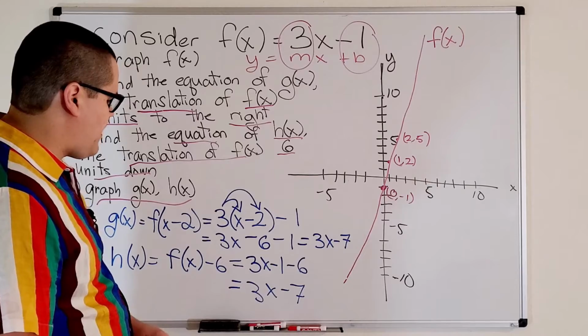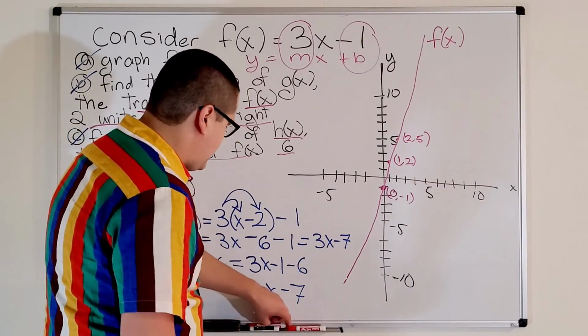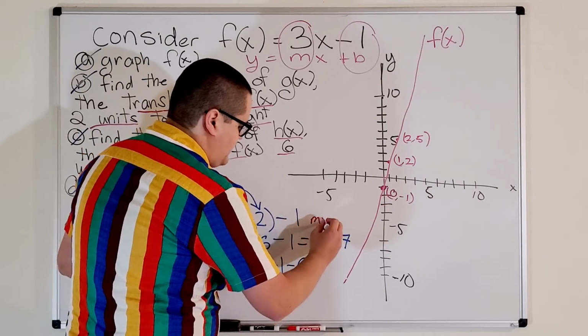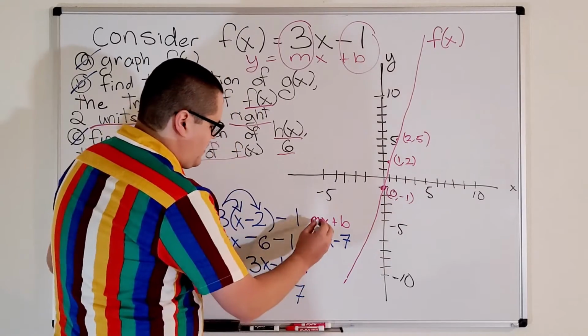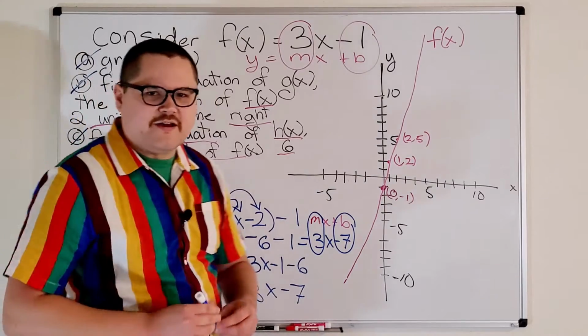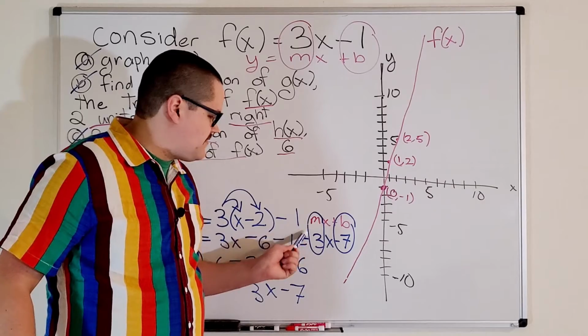Okay, so to graph it, again, we're in the form mx plus b. This is mx plus b. Then our m is 3, and our b is negative 7. Okay, what's m? My goodness, I can't believe m stands for slope.